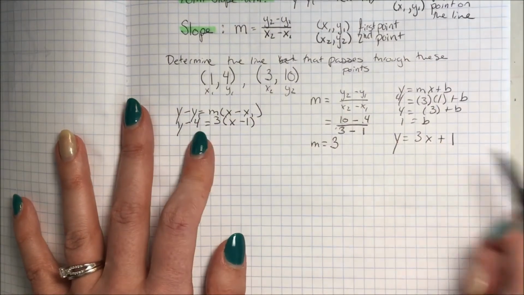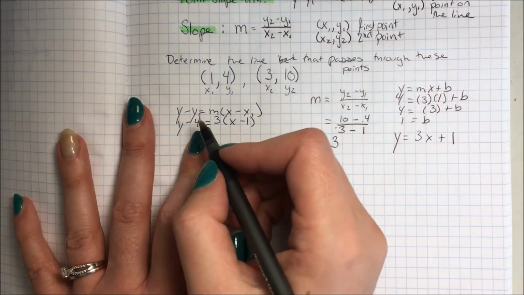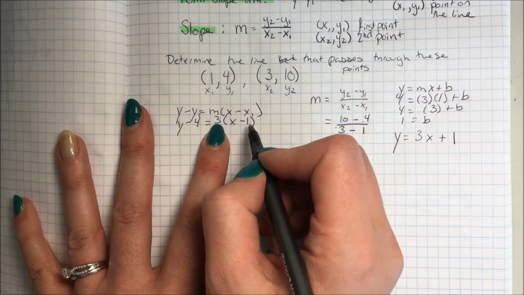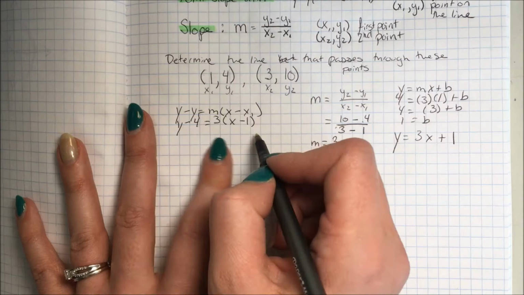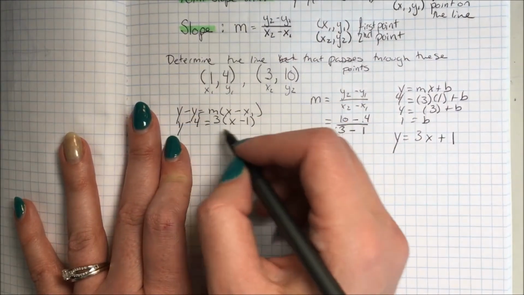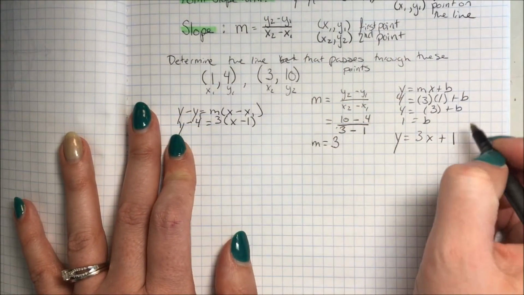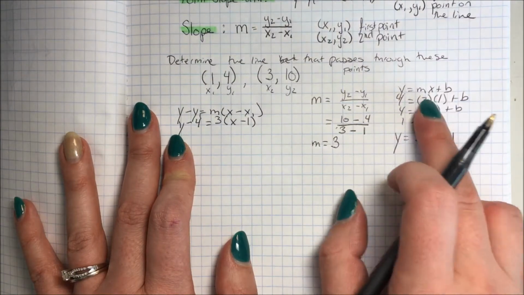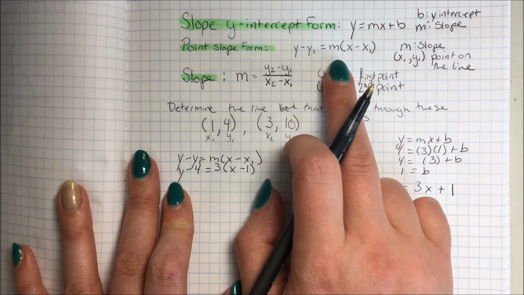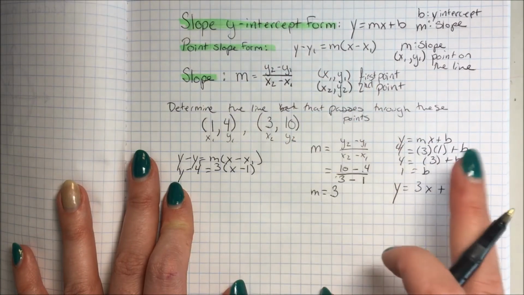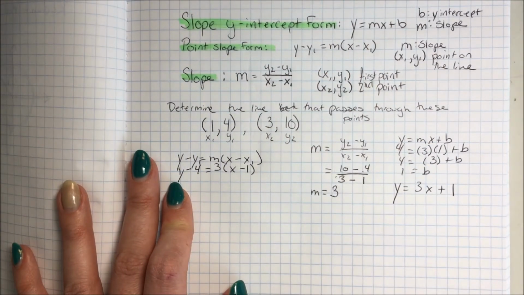I like this better, and if I were to evaluate this, you'd see 3 times x is 3x minus 3 plus 4. If I move the 4 over, I get 3x plus 1. Okay, so if I were to finish evaluating this, I'd get the same as this. But I like this better because I only have to remember one equation. I should know this because sometimes they're going to ask me to put it in point-slope form, but I like this better. Okay.